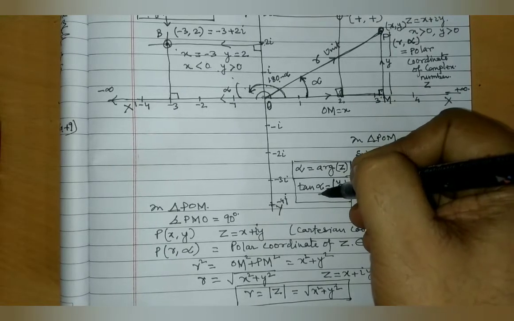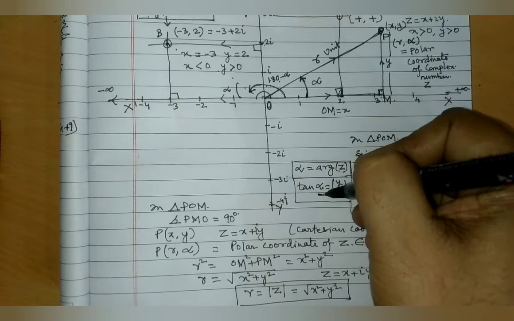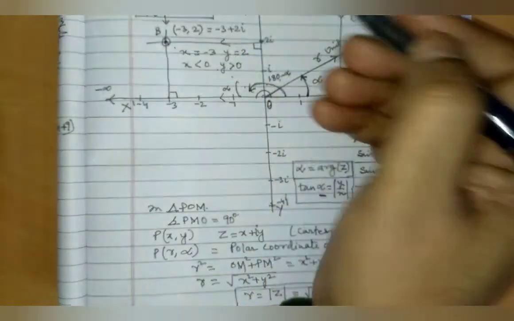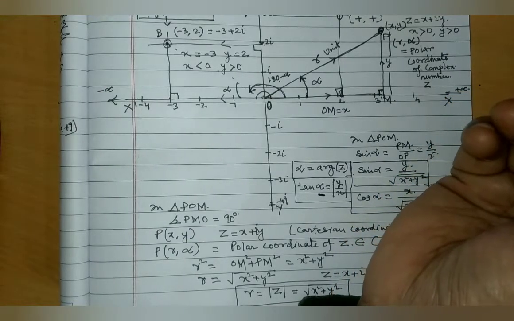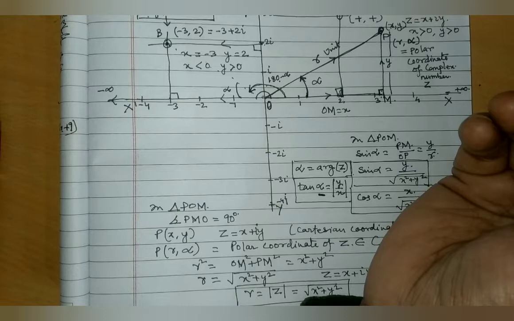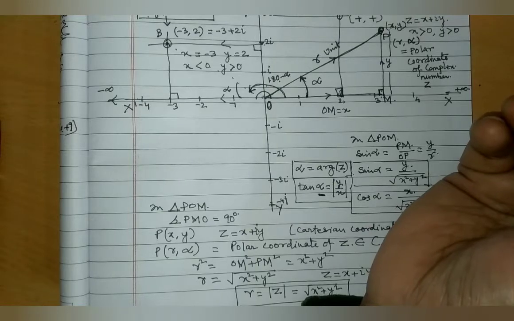We find the acute angle alpha and subtract it from 180 degrees. After subtracting, we get an angle in degrees, and then we multiply by pi by 180 degrees to get the argument in radian form.